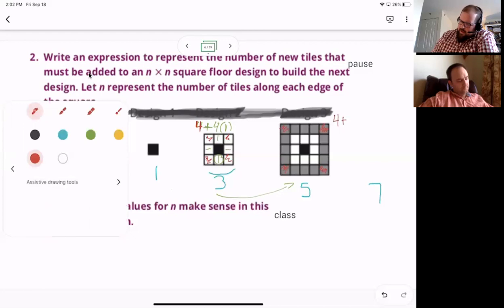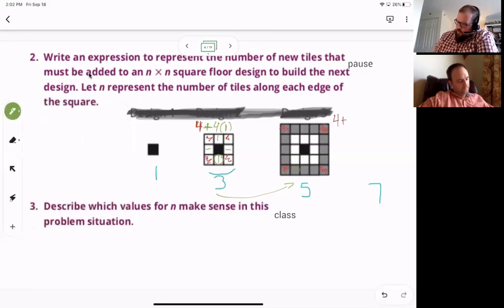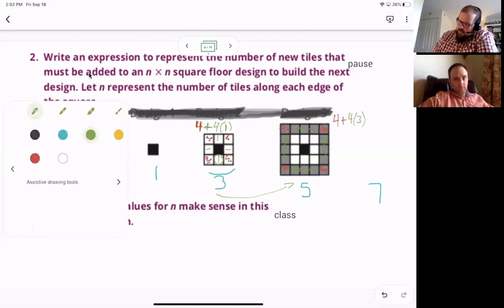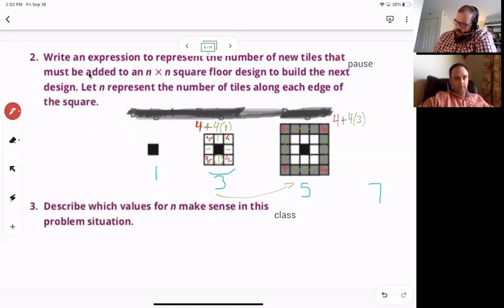And then I've got 4 sets of 3 tiles, which was the old number that I used to have. So it's 4 times 3. I predict that for the design of 7 that we purposefully did not draw, and we talked and thought about that beforehand, that we'd have the same 4 red, and then 4 times this whole length of 5.